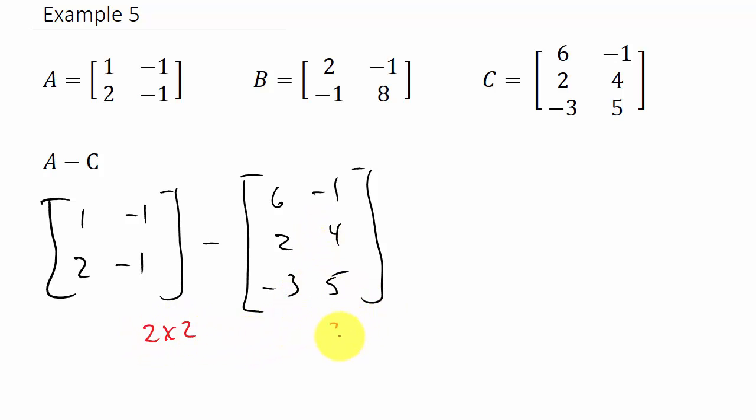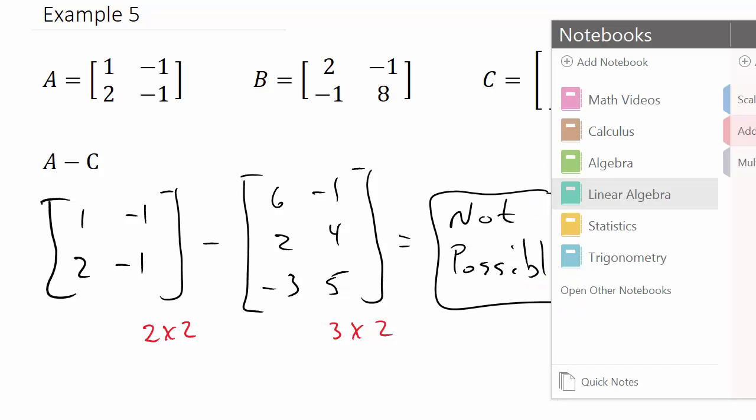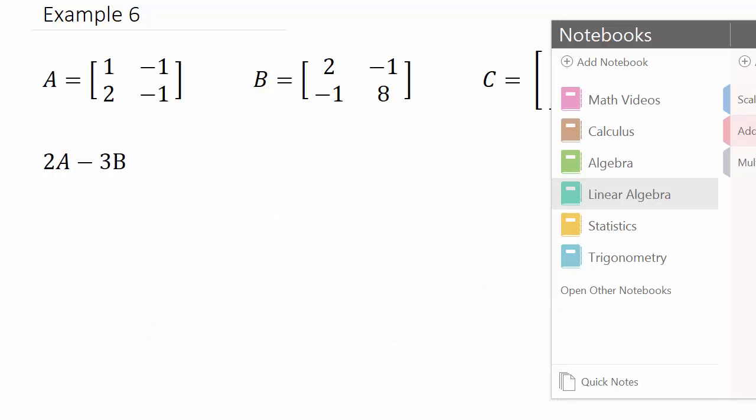This matrix is a 3 by 2, 3 rows and 2 columns. So you can see the dimensions are not the same. So this one would be not possible.